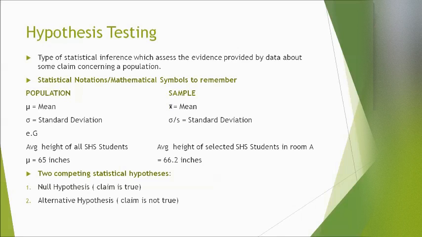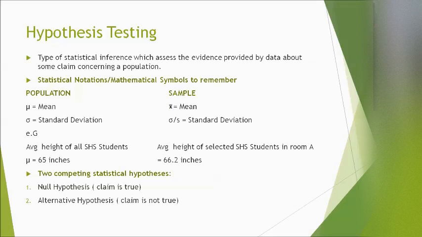For a population, you use the mu symbol for the mean and the sigma symbol for the standard deviation, as you can see on the screen. For the sample, you use X bar for the sample mean and the small letter s symbol for the sample standard deviation.